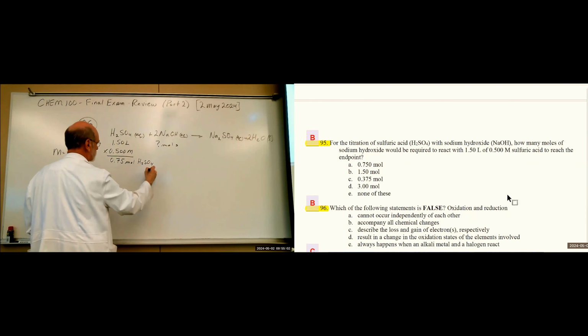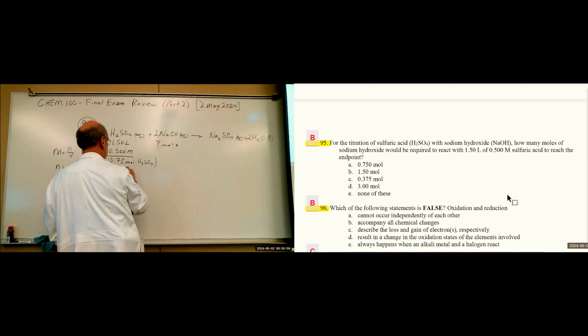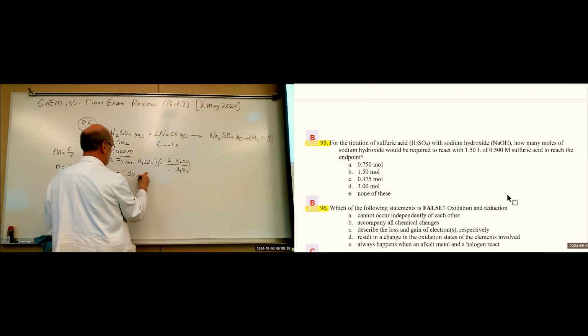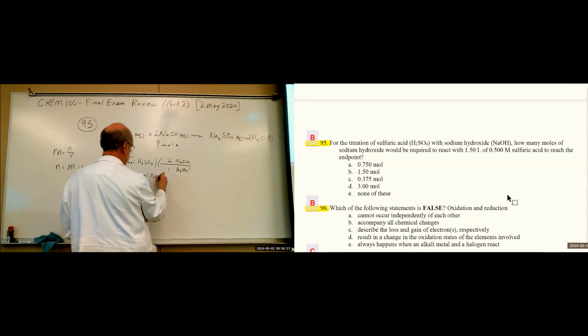Now we can convert that to moles of sodium hydroxide. We just need the coefficients, 2 there, 1 here. So that's 1.50 moles of sodium hydroxide.